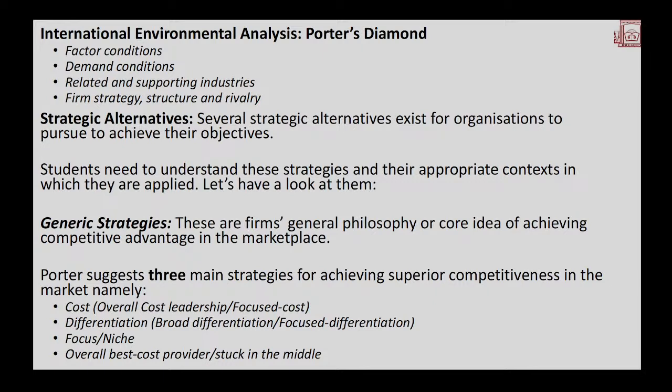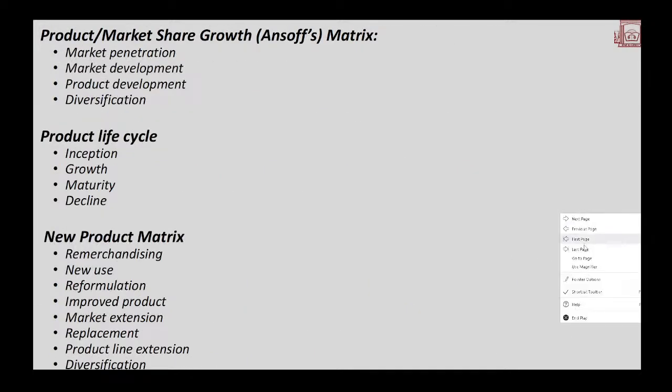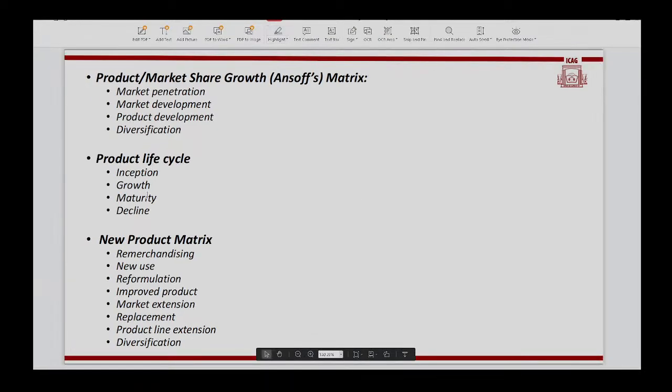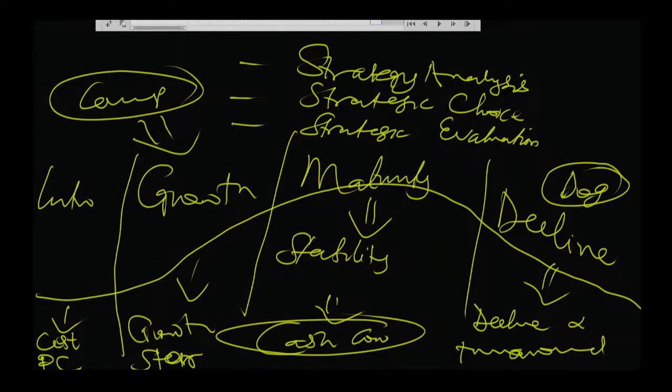Now, the whole thing at ICA level, which I'm going to explain quickly and end that section there, is that strategy is developed from 4 phases.